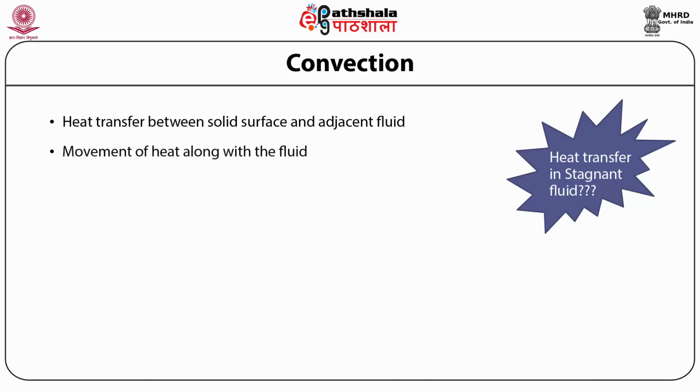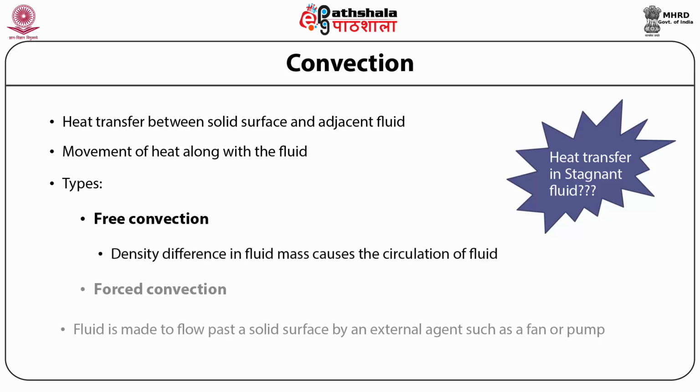If the movement of fluid happens naturally, it is called free convection. The natural circulation is achieved due to a density difference between hot and cold fluid, just like the boiling of tea in a pan. Instead of natural circulation, if the fluid flow is caused by mechanical means like a blower or pump, the convection is called forced convection.